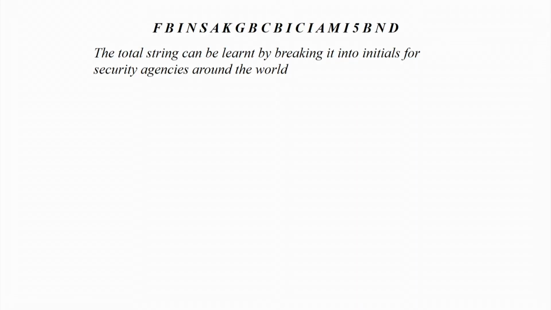is to understand the fact that this string has acronyms of the famous detective agencies or security agencies of the world. If I break it into chunks, FBI is one agency, NSA is another agency, KGB is an agency, CBI is an agency, CIA is an agency, MI5 is an agency, and BND is an agency.